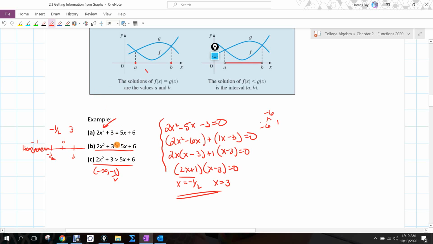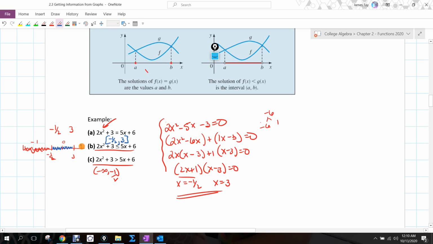So any other value in this interval, like -1/4, -1/8, 1, 2, 2.5, 2.9, is going to give me a similar relationship. So from -1/2 to 3, this is true, and I'm going to put brackets because we had equality here.